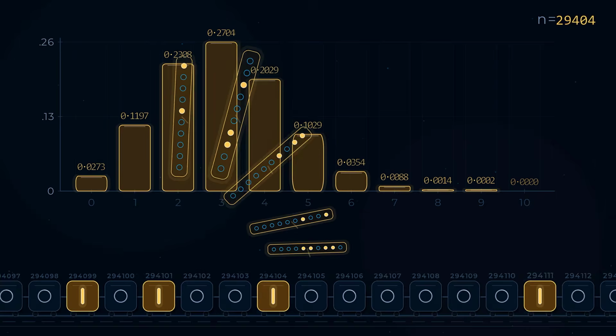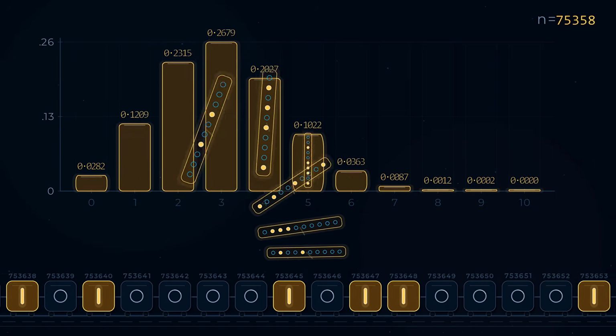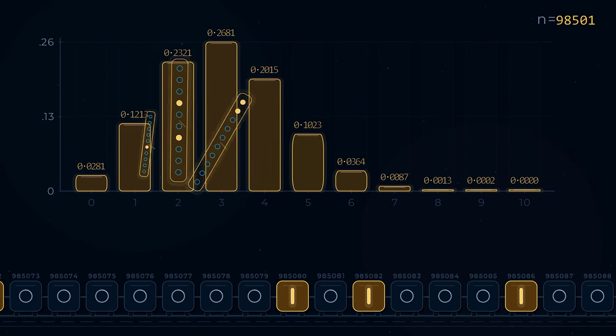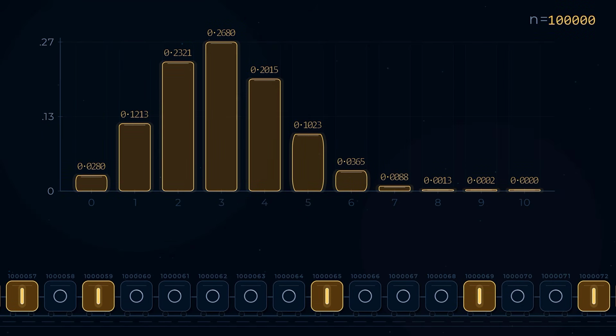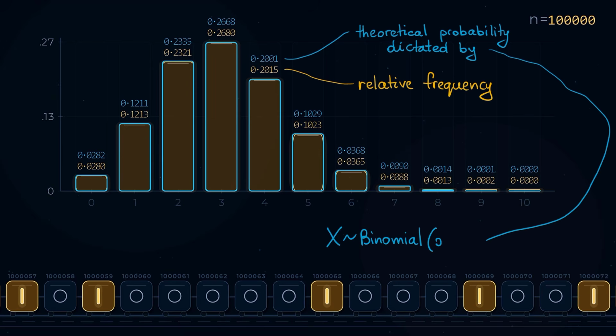And let's repeat this experiment 100,000 times so that we get a good sense of our empirical distribution. Notice how closely the relative frequency of each bin aligns with the probabilities that come out of the binomial distribution with parameters n equal to 10 and p equal to 0.3.